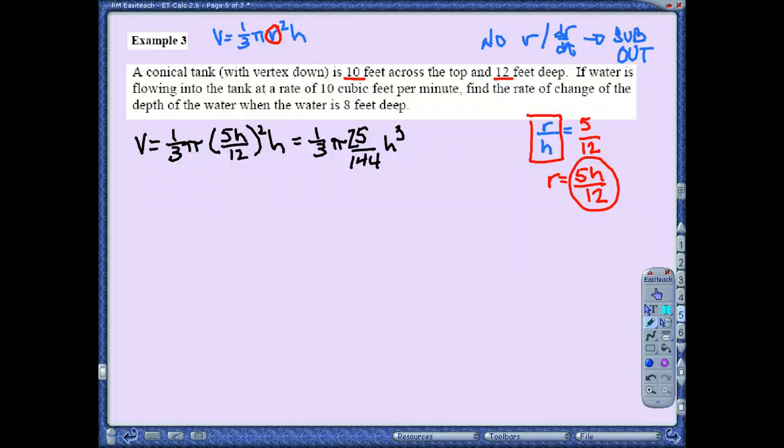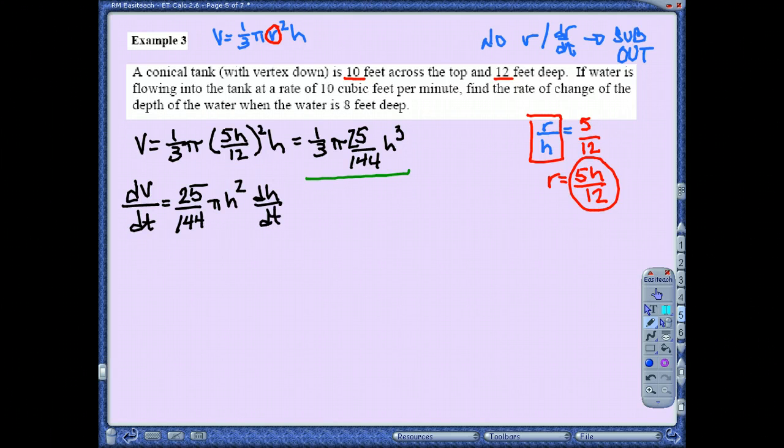Because when I take the derivative of v, dv over dt, when I take the derivative of this side, that 3 is going to come down and cancel out that 1/3. So it just makes it a little bit easier. Why multiply them together if you're going to have to divide it back out? So we end up with 25 over 144 pi h squared dh dt.